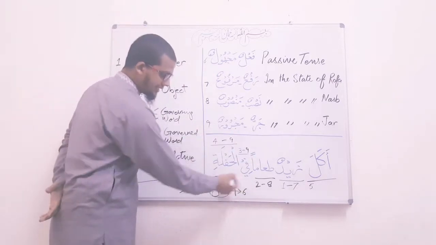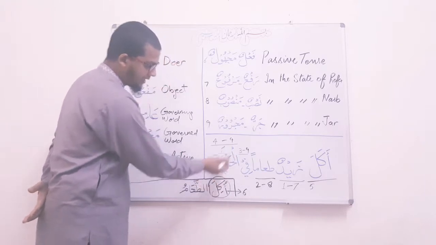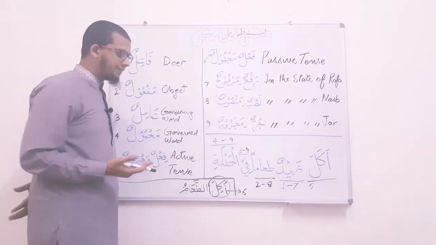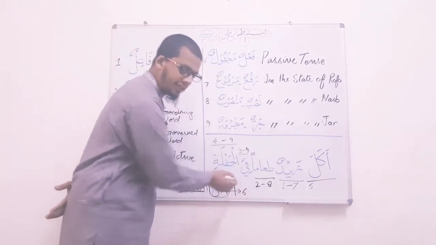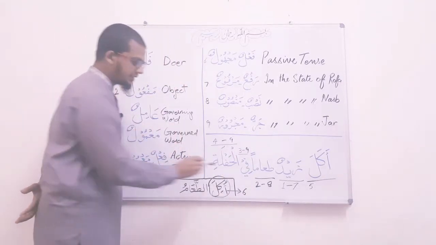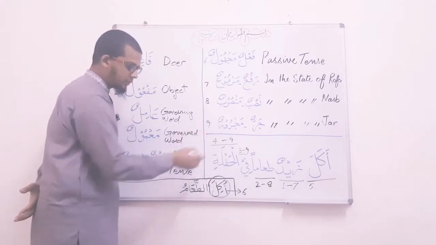So for example, if we see here fil haflati, the i'rab we have is the kasra in the last of al hafla, and that is because of this word fi. So fi is our governing word because this word is governing the i'rab of the next word coming to it.